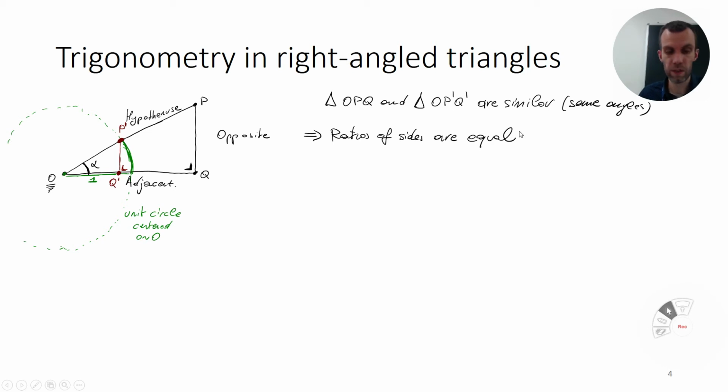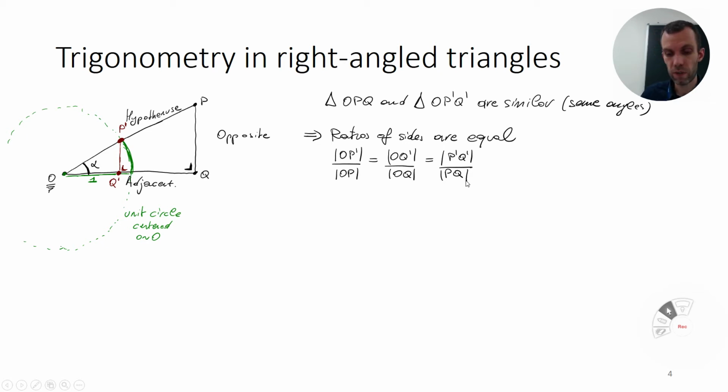And if we put that in mathematical terms, what we have is that OP prime, the length of that side, divided by OP is equal to OQ prime divided by OQ, and that's equal to P prime Q prime divided by PQ. So that's a very important relation that we'll exploit in a minute.